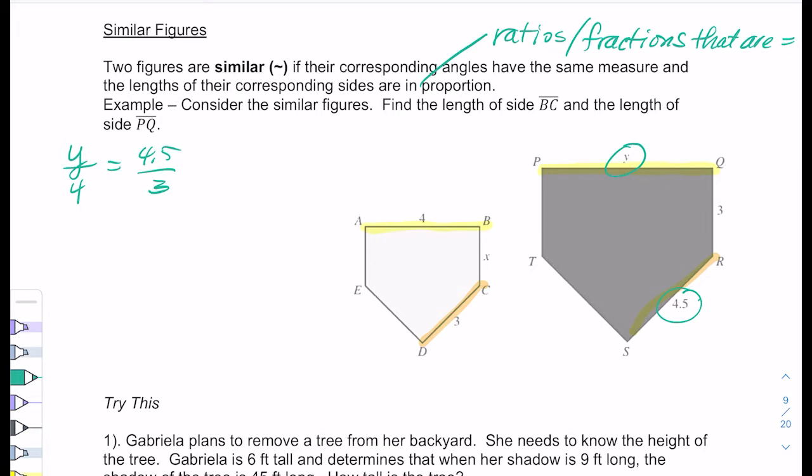To solve this equation, all you do is cross multiply. So I'm going to multiply 3 times y, and I would get 3y. And then you're going to multiply 4 times 4.5. So I have 3y equals 4 times 4.5, which is 18. And then I'm going to divide by 3, and 18 divided by 3 leaves me with 6. So y should be 6.